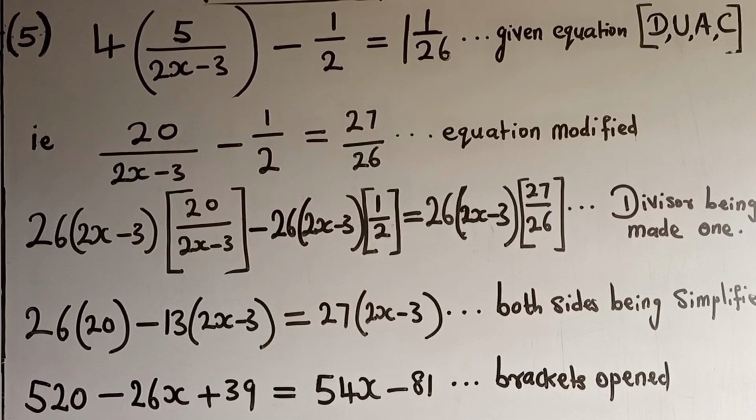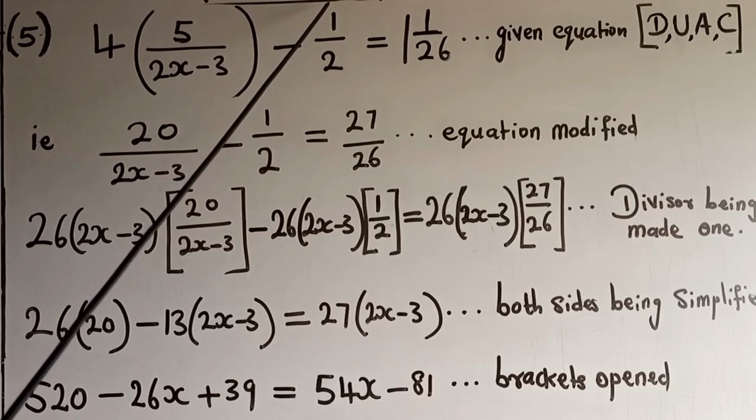Everything remains the same thing. It is just that they have been expressed in different ways to appear in forms that will make it possible and easier for us to solve the equation. First, this one whole number, 1 over 26, has become 27 over 26. I hope that you know why this is written in this form.